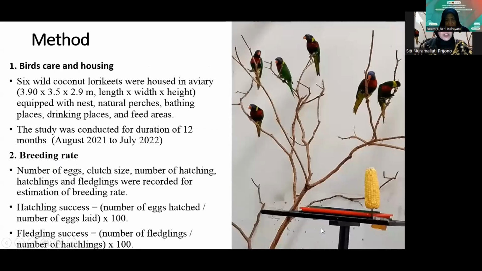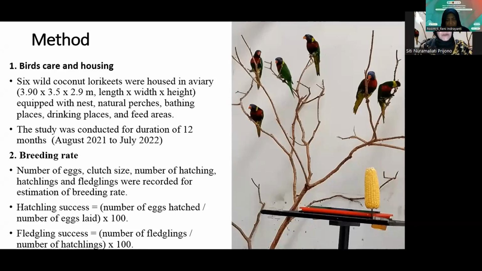Six wild coconut lorikeets were housed in an aviary measuring 3.90 meters length, 3.5 width, and 2.9 meters height, equipped with nests, natural perches, bathing places, drinking places, and feed areas.